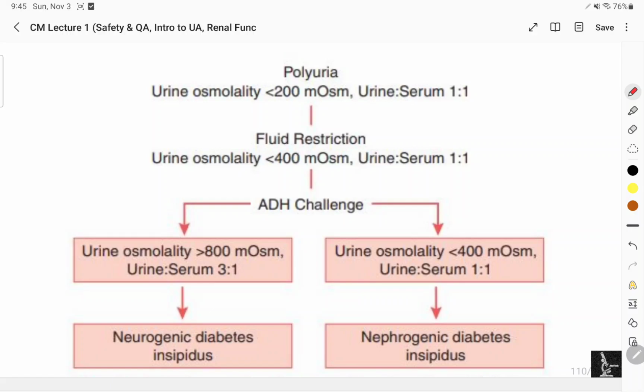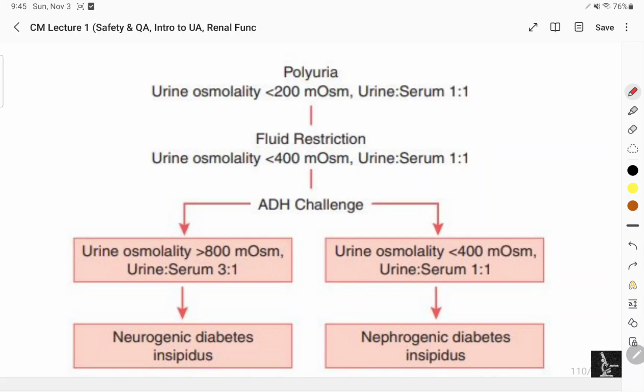So diluted gihapon siya. And when we perform ADH challenge, meaning mag-introduce ta og ADH. Okay? Di sila ihi, but very diluted ilang ihi.